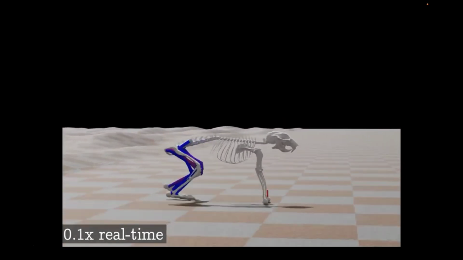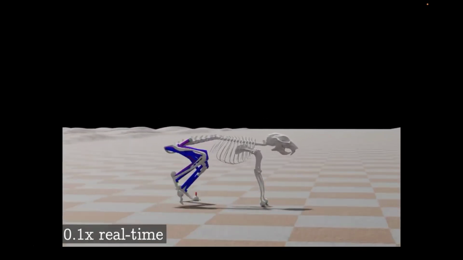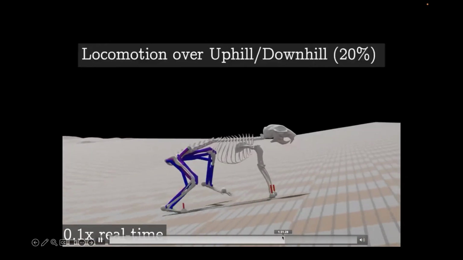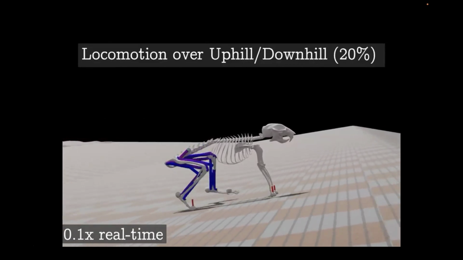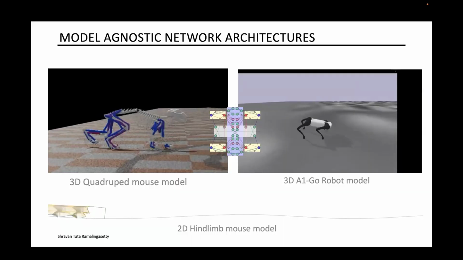So here you have coordinated movements, and then there is also unsynchronized trotting. So you can really put this model through many types of terrains, and it has not been trained on them, but it can still adapt to them because of the fundamental principles.